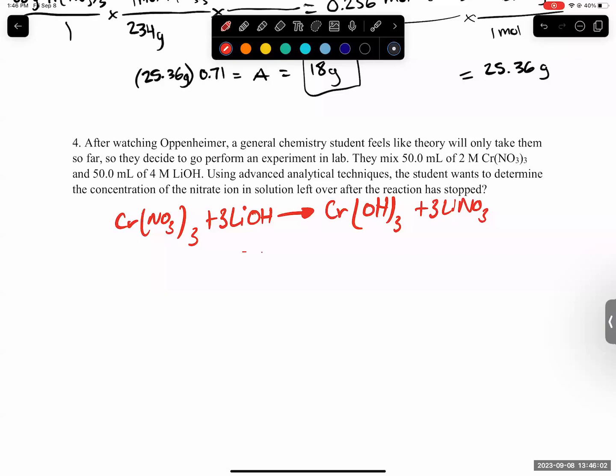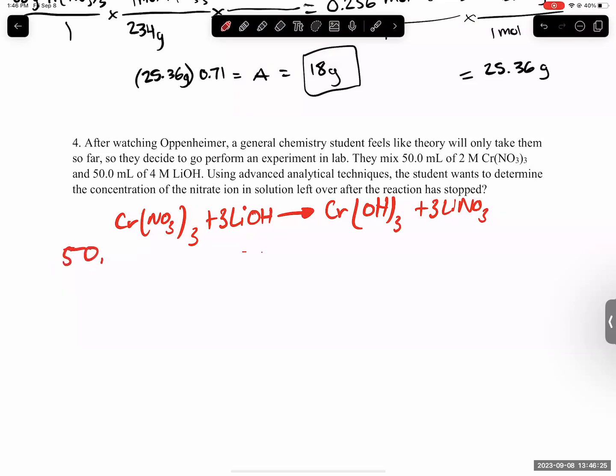You'll notice that we don't have any moles here, but we need moles. How can we find moles? Yeah, so we have 50 milliliters for both. So 50 divided by 1,000, that's 3 decimal places over.